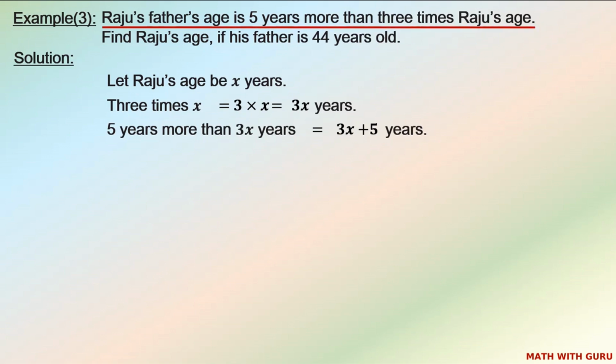Raju's father's age is 5 years more than 3 times Raju's age. This is equal to 3x plus 5 years is equal to father's age.